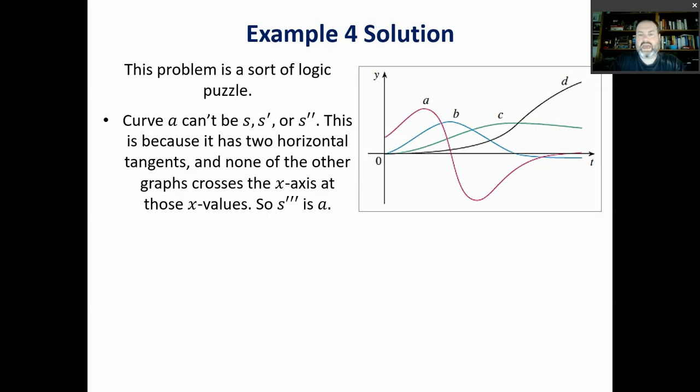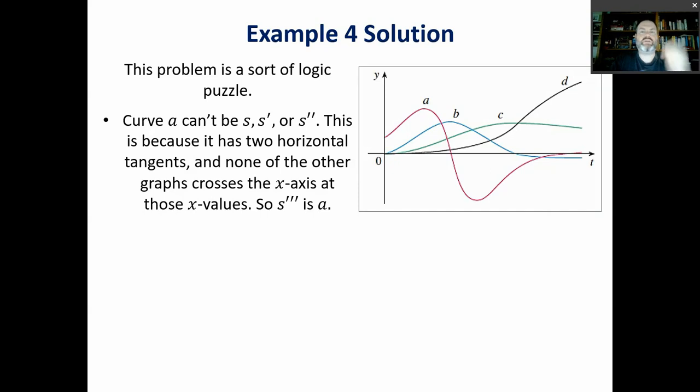So curve A cannot be position, velocity, or acceleration. It can't. This is because it has 2 horizontal tangents, and none of the other graphs crosses the x-axis at those x values. So that means A must be S triple prime. Think about it.